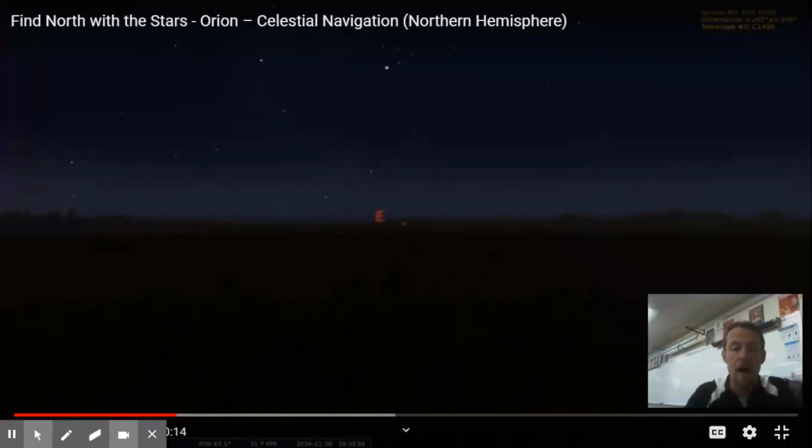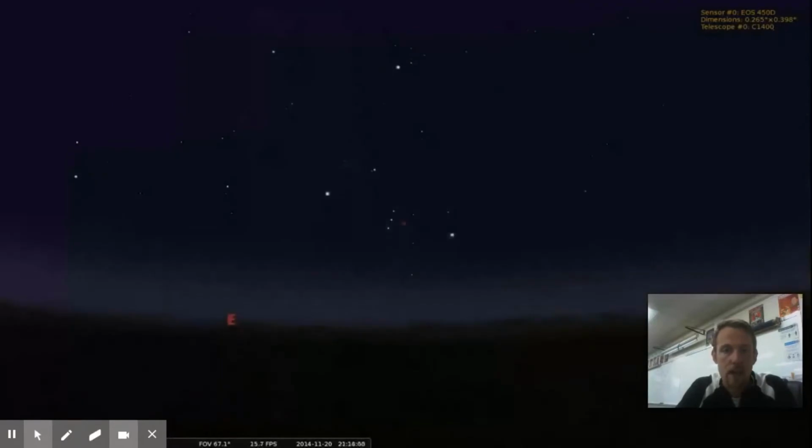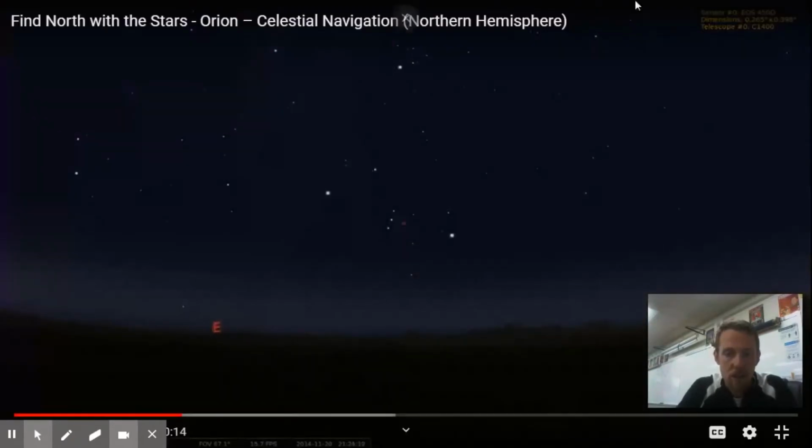So, for example, Orion is a popular constellation to use. Right? So we're going to look at Orion here. So there is Orion, right? There's the three stars that make up the belt of Orion. It's kind of like an hourglass shape, for the main body of the hunter Orion.